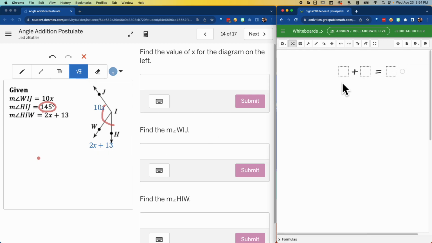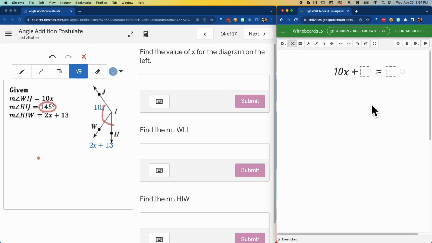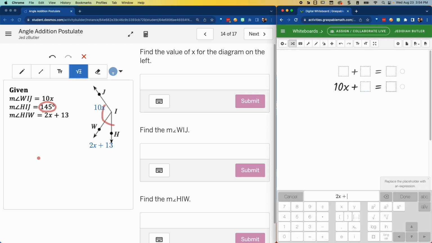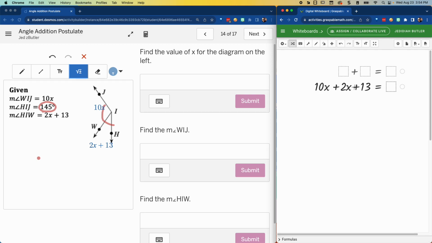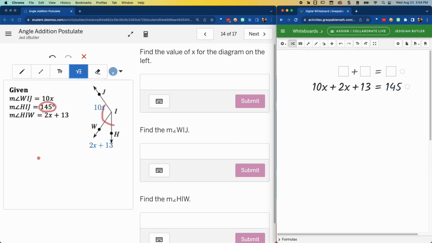I'm going to go back to this top line and set up my two parts adding up to the total. My two parts are 10x and 2x plus 13. And together those total to 145. So I solve this.